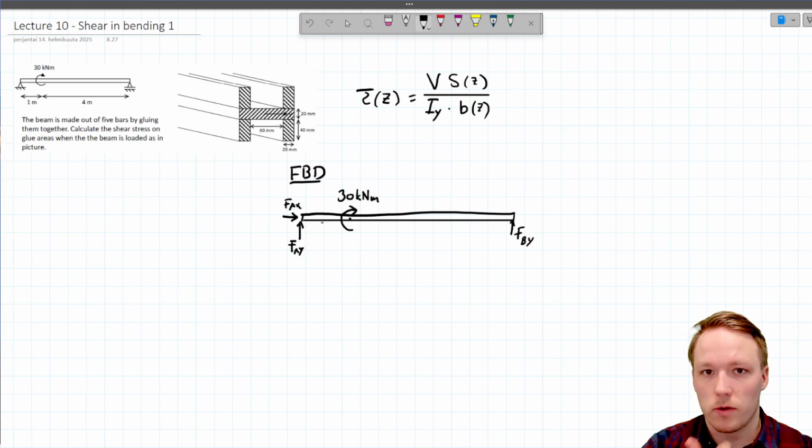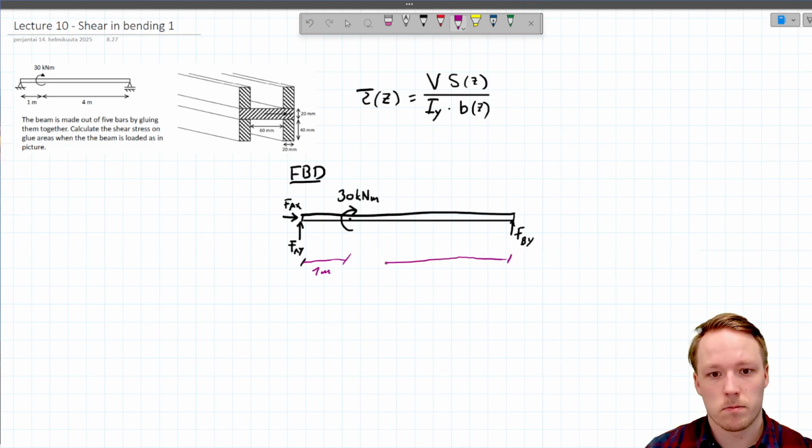The length of the profile, this is 1 meter. And this here is 4 meters.